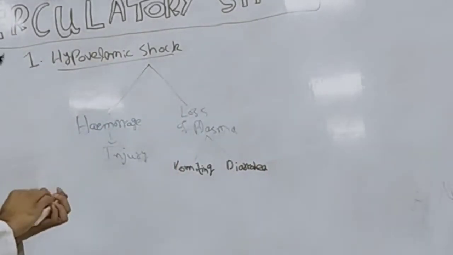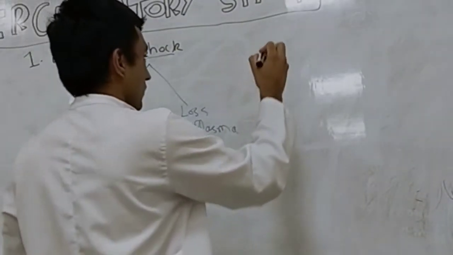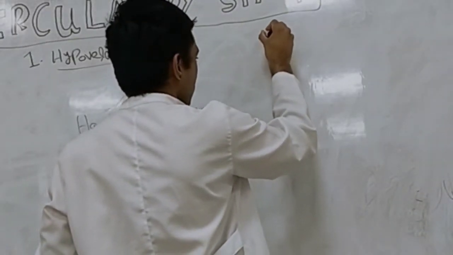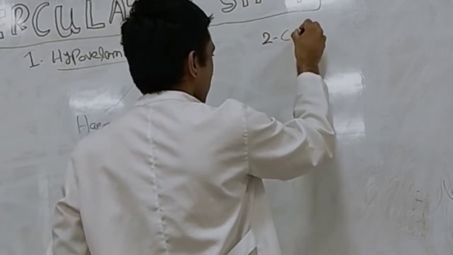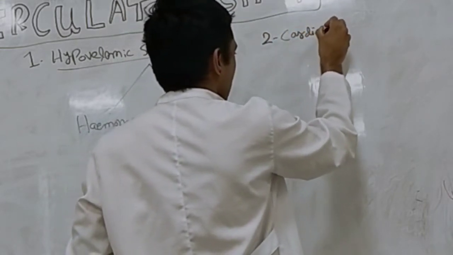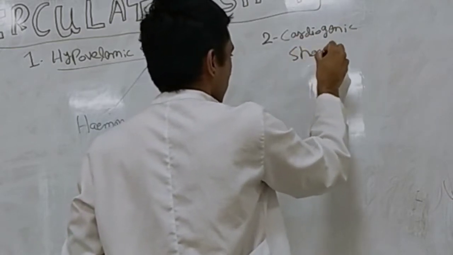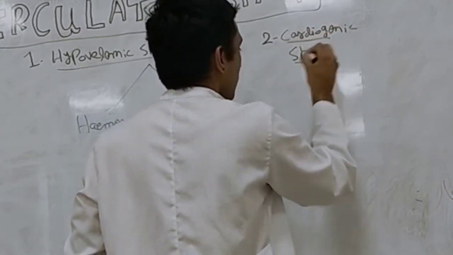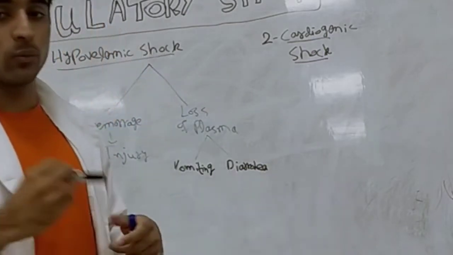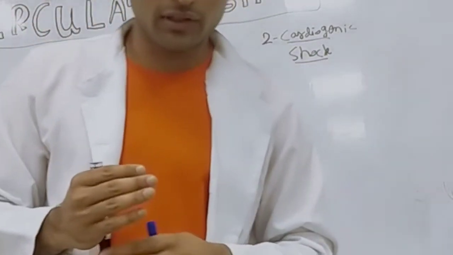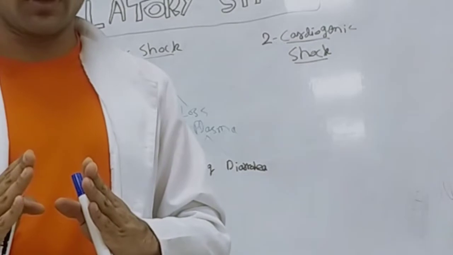Now talking about the cardiogenic shock. What is the cardiogenic shock? Cardiogenic shock is whenever the heart weakens due to weak activity, or whenever the heart is unable to pump.